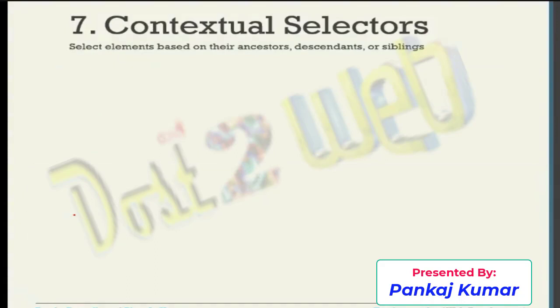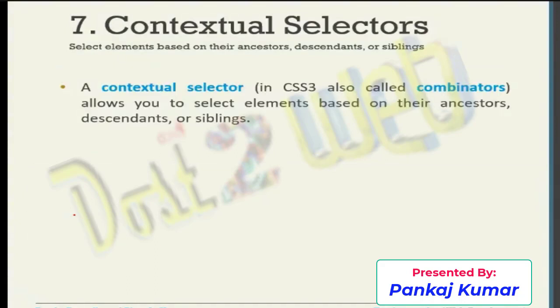Next, you have the contextual selector. What is the contextual selector? It is in CSS3, and it is also called combinators. This allows you to select an element based on its ancestor, descendant, or sibling.